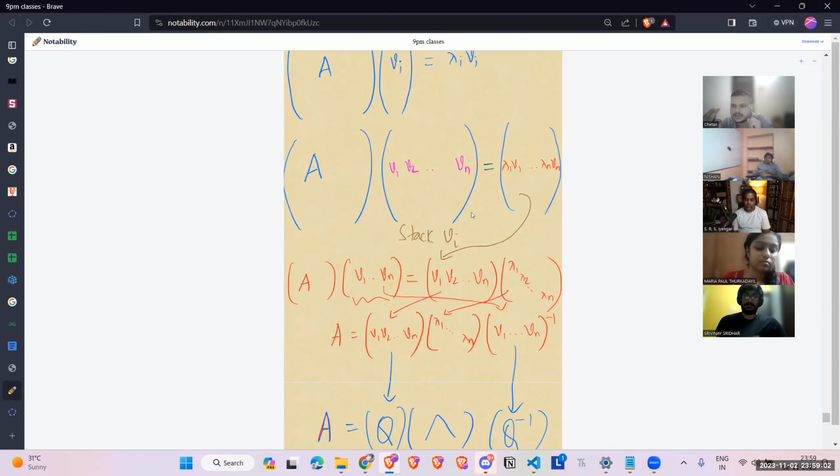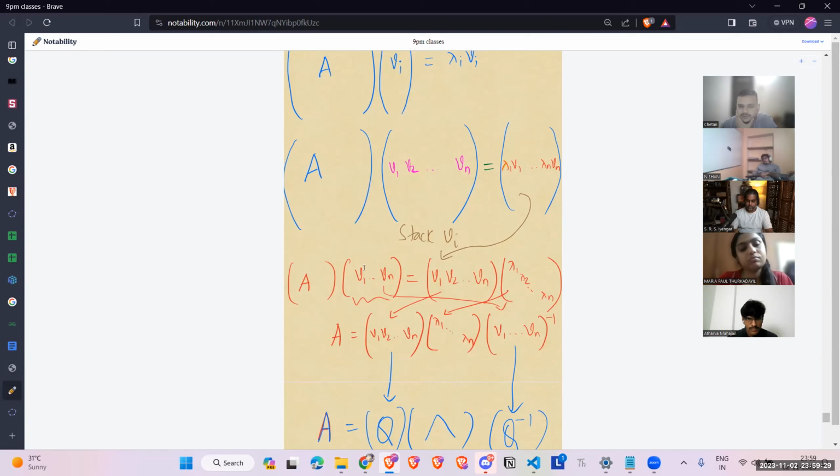We put them in a matrix as diagonal entries. Why diagonal entries? Because when multiplied with the eigenvectors, it gives us lambda 1 v1, lambda 2 v2, a special property of diagonal matrices. We noticed that later.